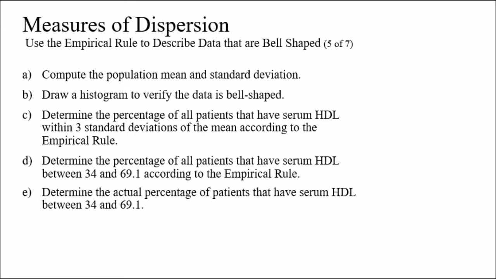We want to compute the population mean and standard deviation, draw a histogram to verify the data is bell-shaped, determine the percentage of all patients that have serum HDL within 3 standard deviations of the mean according to the empirical rule, determine the percentage of all patients that have serum HDL between 34 and 69.1 according to the empirical rule, and determine the actual percentage of patients that have serum HDL between 34 and 69.1.